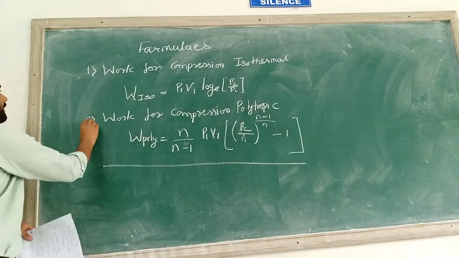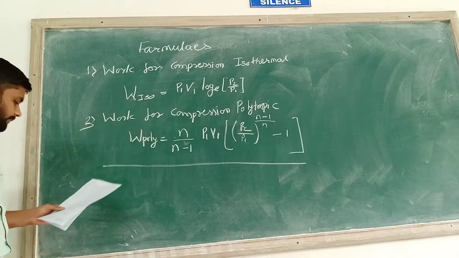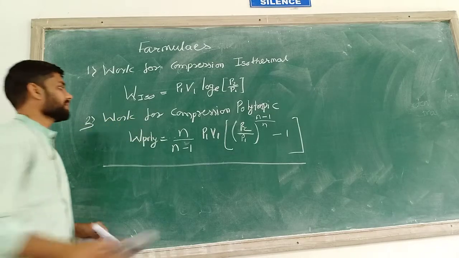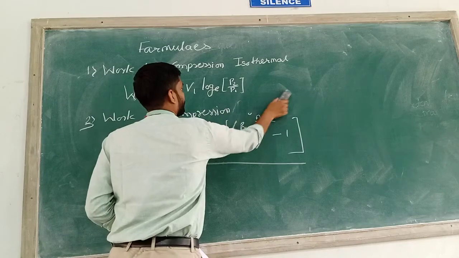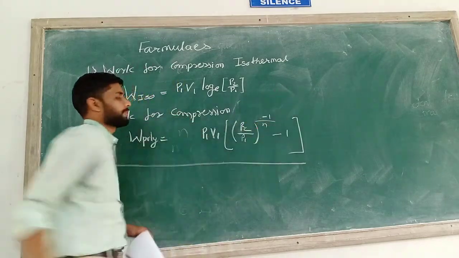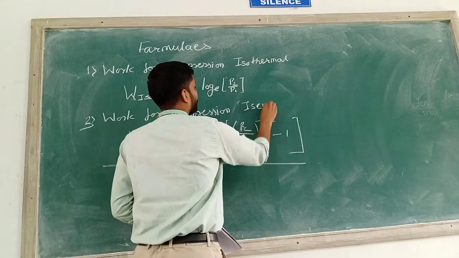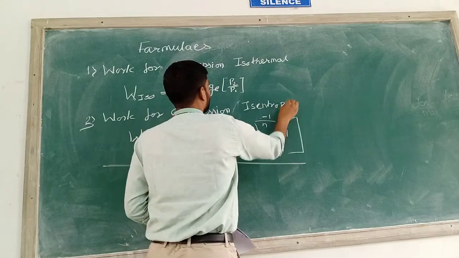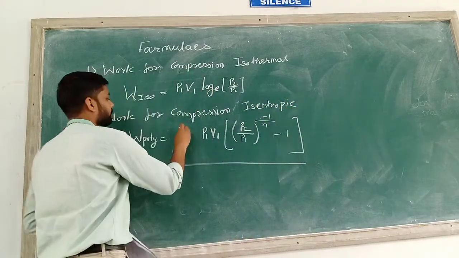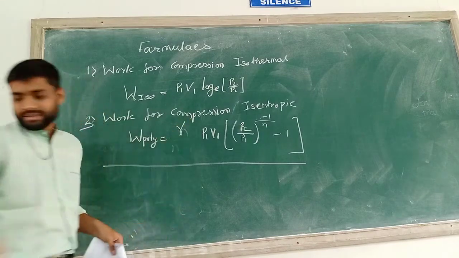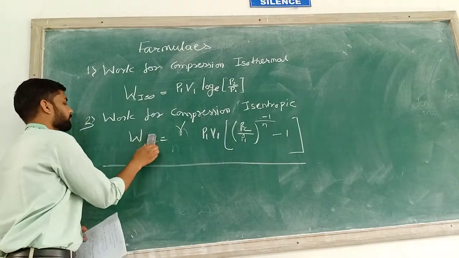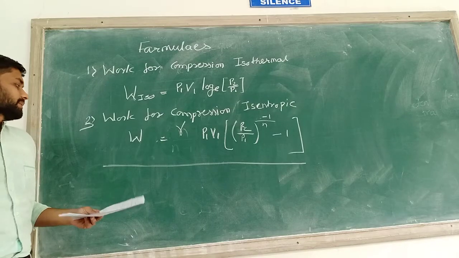Again, the third formula is for compression when the compression is isentropic. When the compression is isentropic, instead of this polytropic index, we need to use gamma here.